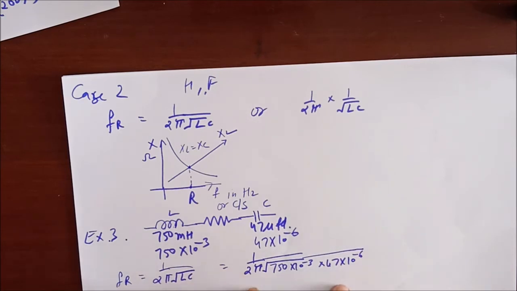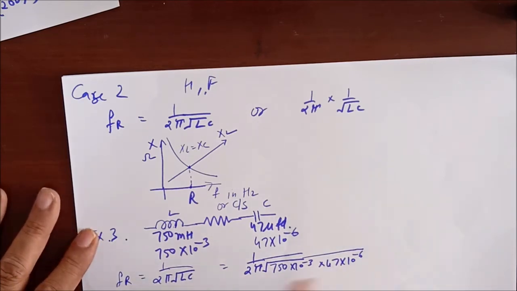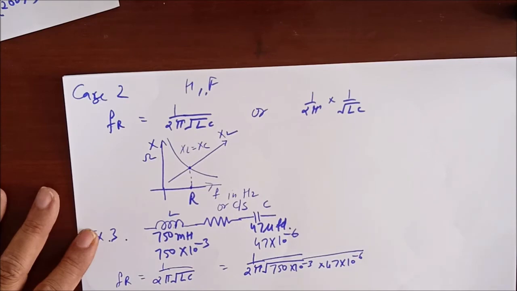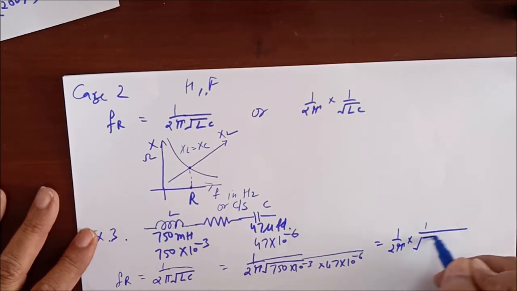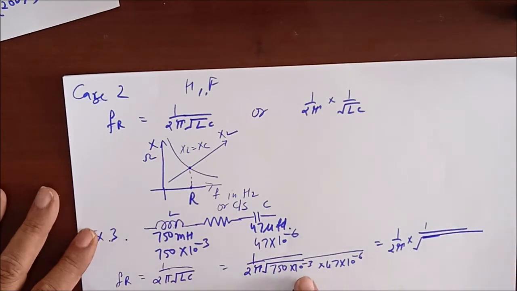So we have 4 values. 2 pi we can keep on one side for a short duration. So this is equal to 1 by 2 pi into 1 by root, taking this formula it will save time, minus 3 minus 6 is minus 9: 750 into 47 into 10 to the power minus 9. Or I can take the 10 here and shift the remaining outside. This is equal to 1 by 2 pi into, this minus 9 I can take upside also.